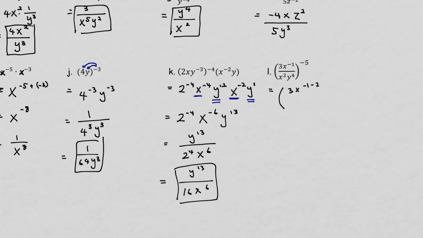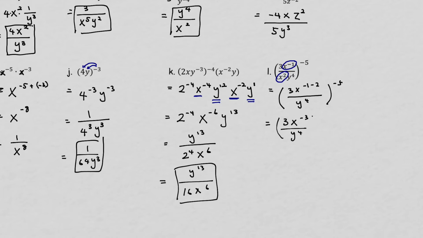In order to combine these two, I brought it up to the numerator, so I need to do subtractions. And then in the denominator, I will have the same thing as what I had before, which is y to the 4th exponent. This is going to be 3x to the negative 3rd over y to the 4th.